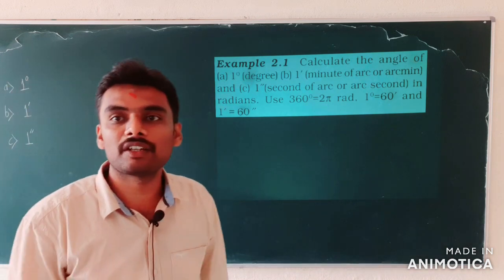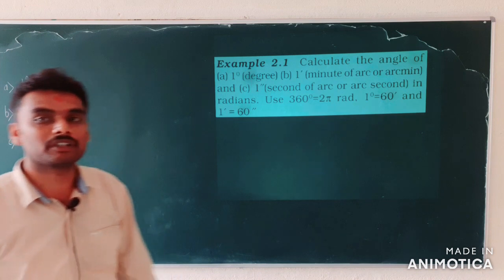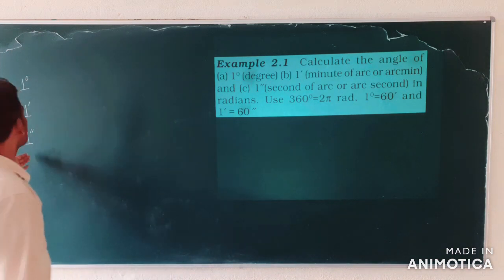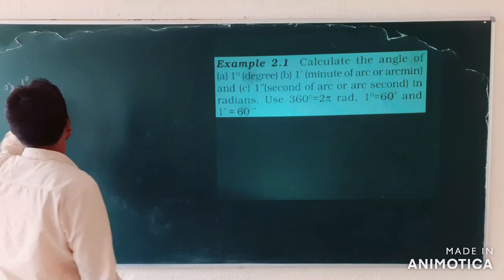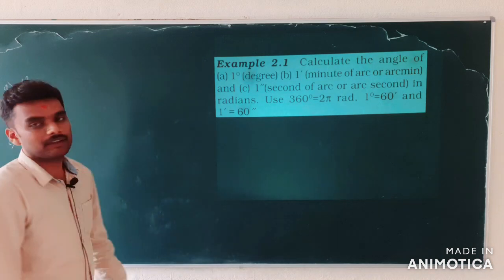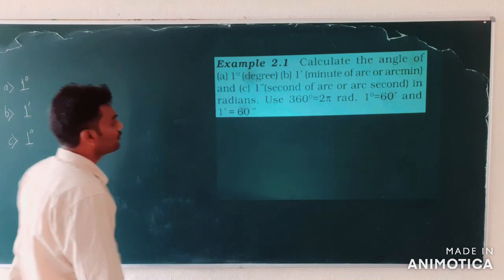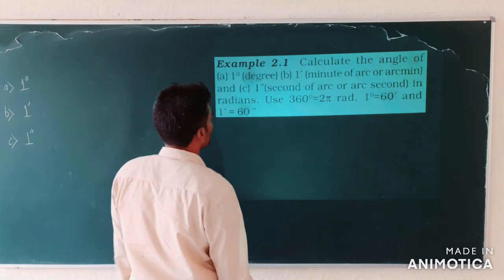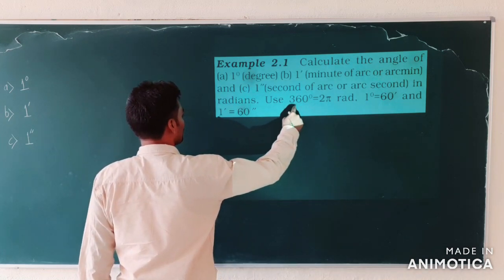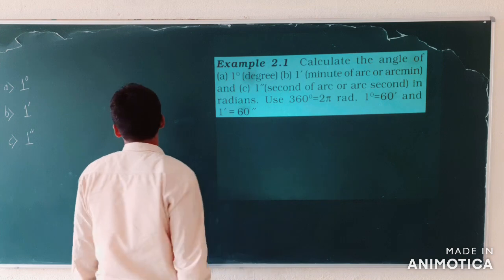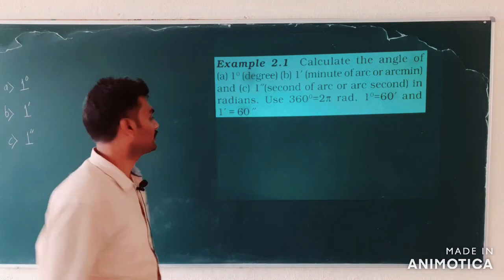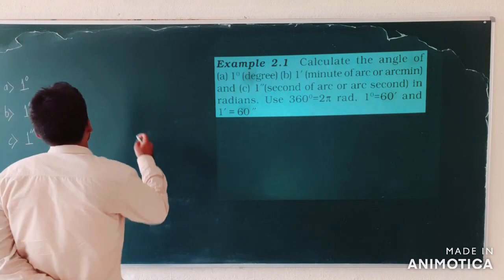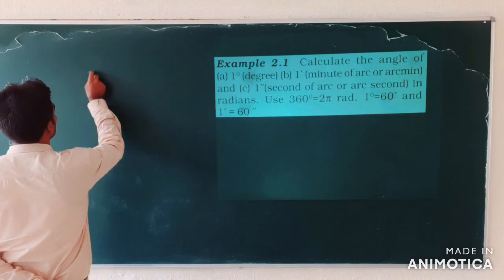So, these are the three quantities which are asked to convert from degree, minute of an arc, second of an arc to radians. They have also given what to use for the conversion. Even though they did not give this, we should make use of the same factor and convert the quantities. So this is what is going to be useful for us.